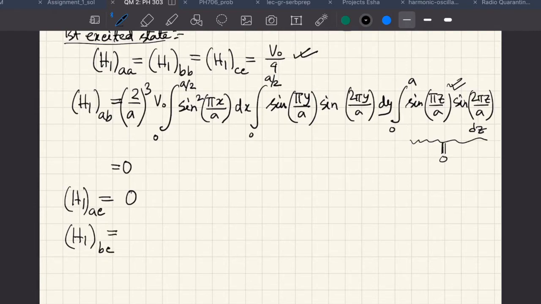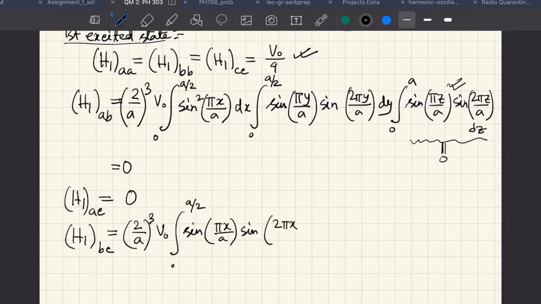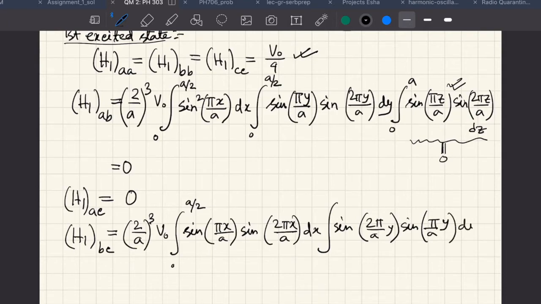So this is 2 by A whole cube V naught, and then 0 to A by 2 sine pi x by A sine 2 pi x by A dx, into sine 2 pi y by A sine pi y by A dy, also from 0 to A by 2, and then sine square pi z by A dz from 0 to A. This is not going to be 0.